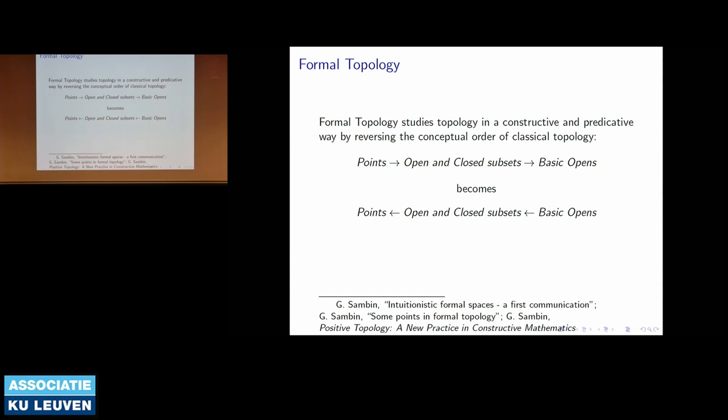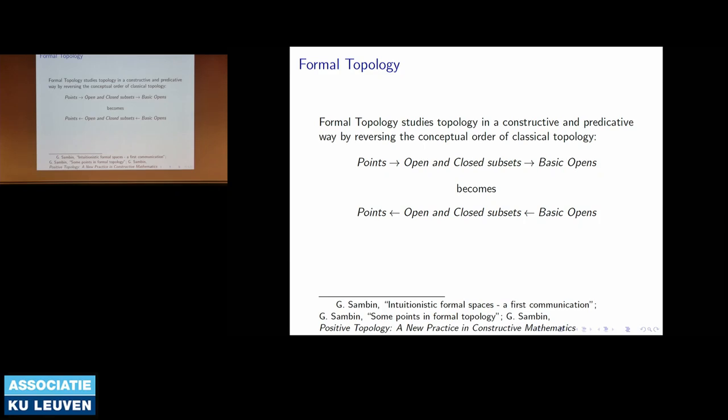So if in classical, traditional topology, you start with a set of points, and from there you define what it means for a subset to be open, and then you can also define the notion of basis for a topological space. In formal topology, your primitive notion is that of basic open, that of a basis. And then you go on by defining as a derived notion what is an open or closed subset, and at a very later stage also what is a point.